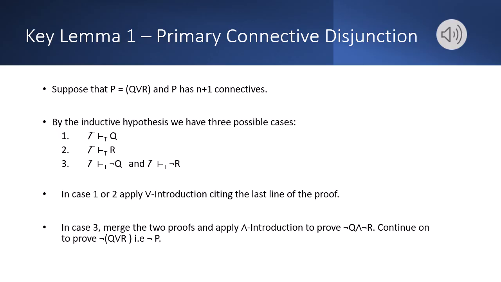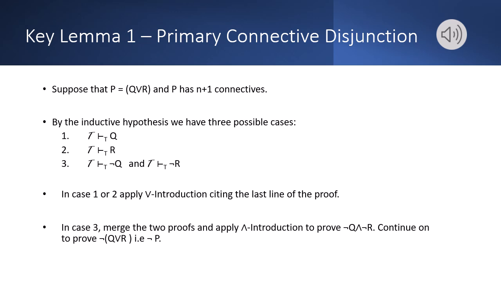Now, here we'll cover the details of when the primary connective is disjunction, but remember, the primary connective could be any of the truth functional connectives. And in the homework this week, I'll ask you to go through and prove the other connectives. So lemma 5 and its proof would be a great place to get started because it also has some details of those types of proofs as well.